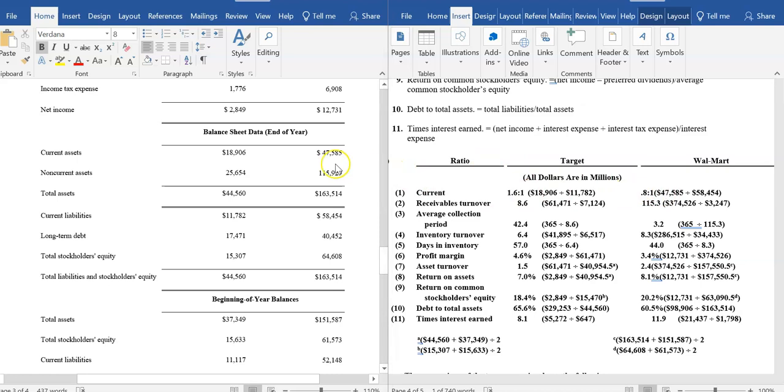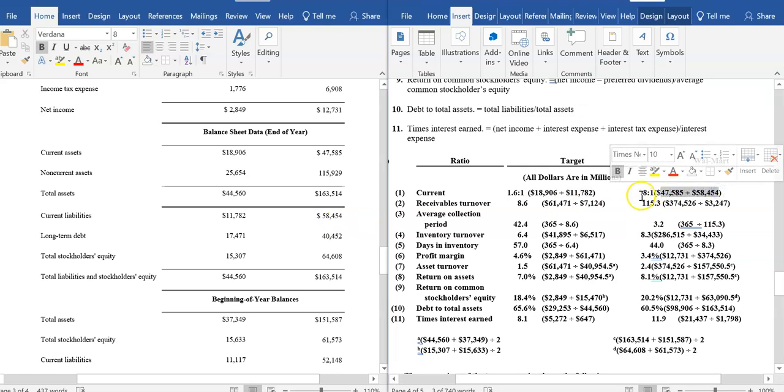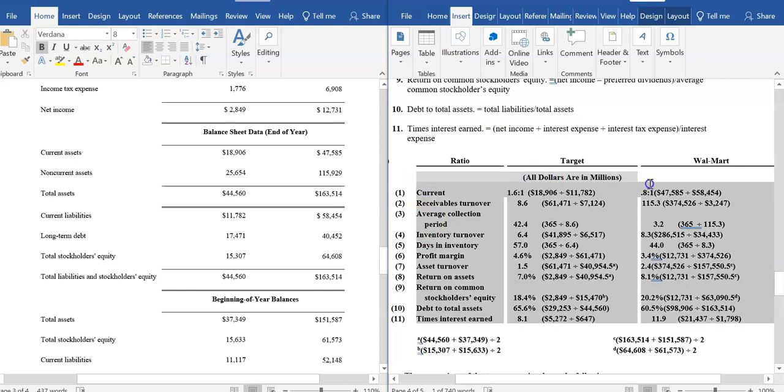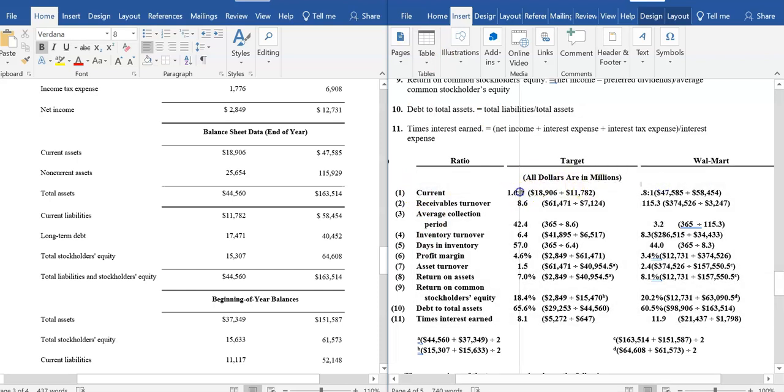Calculating Walmart's current assets of $47,585,000 divided by current liabilities of $58,454,000, they have a current ratio of 0.8. In other words, for every dollar in current liabilities, they only have 0.8 or 80 cents in current assets. So based on comparing these two ratios to one another, it looks like Target is in a much better position right now to pay off its current debt as it becomes due.